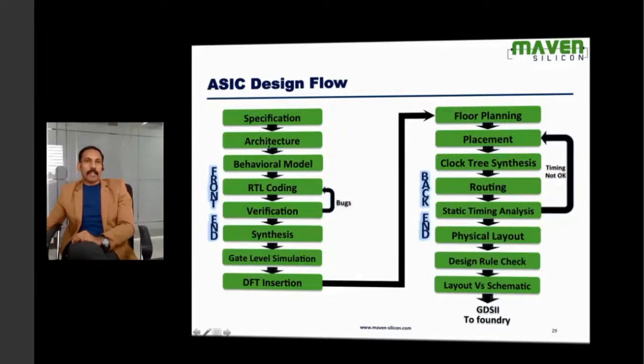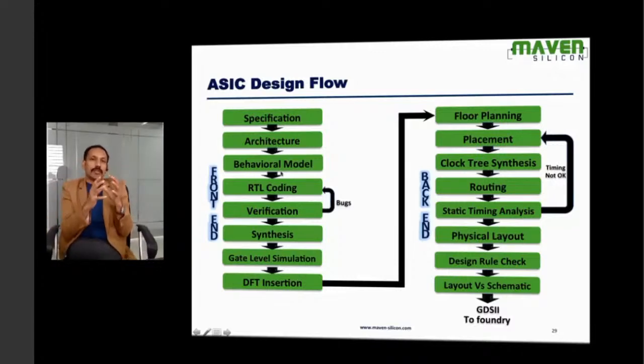And based on the architecture, we created the behavioral model. Basically, we use the behavioral model to generate the expected values for verification. And based on the architecture, we create RTL coding. RTL means register transfer level coding. It's a synthesizable model. We use HDL to create RTL, and then we simulate the RTL and verify the functionality. For that, we write a test bench.